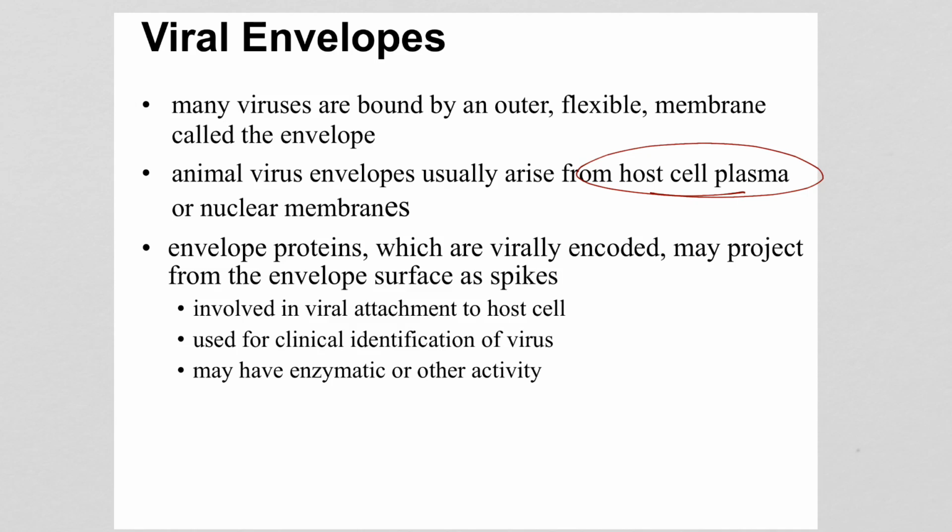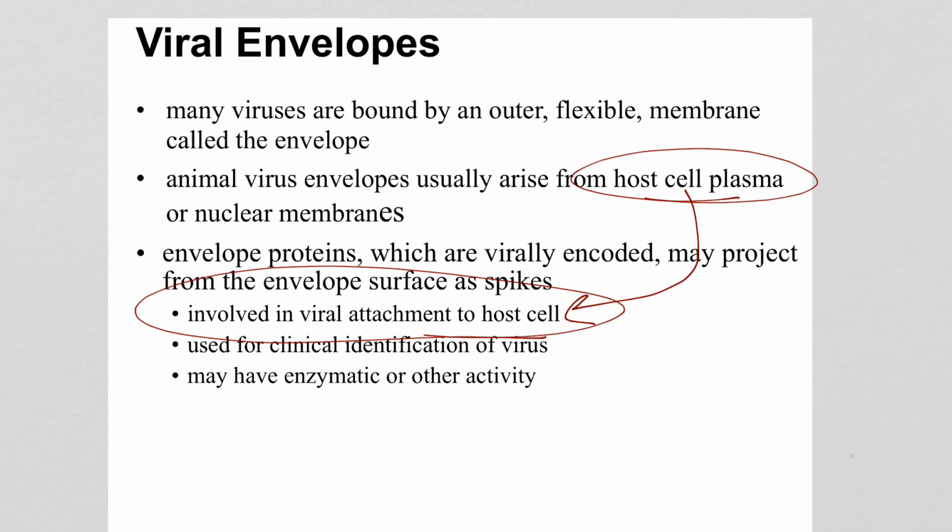And the advantage of that is taking a chunk of host cell membrane when they leave makes it easier for that virus to get into the next host cell that it's going to infect. And so it's almost like a bit of a cloaking device to disguise the virus. If it's covered in host cell membrane, it makes it less likely to be detected as something foreign.